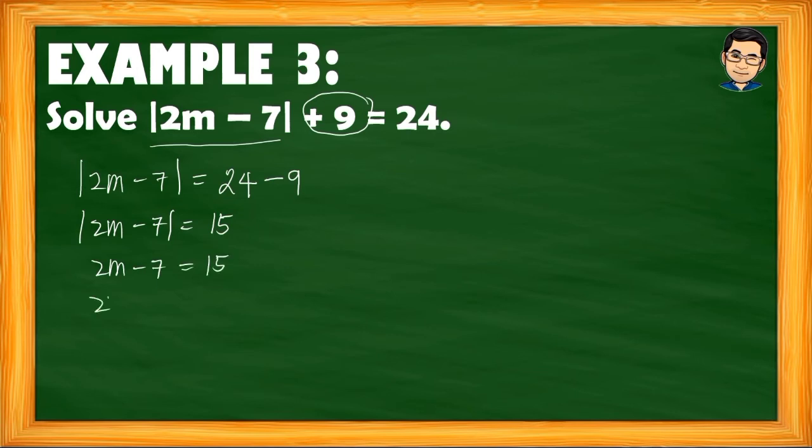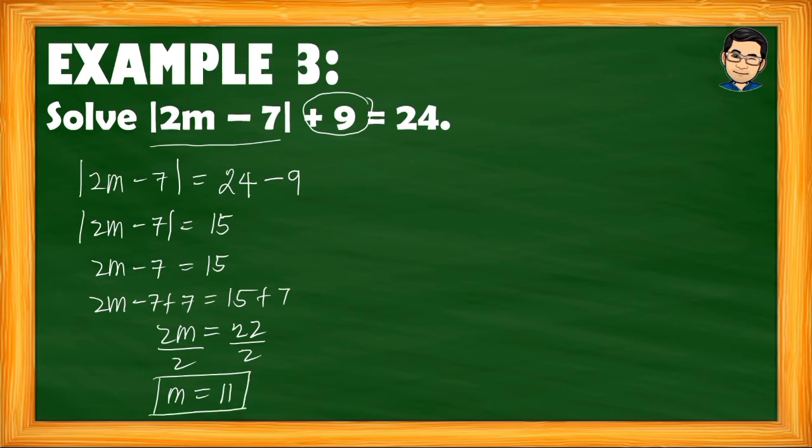And then, we add 7 to both sides. So, 2m is equal to 15 plus 7, that is 22. And then, we divide both sides of the equation by 2. So, the value of m is 22 divided by 2, that is 11.